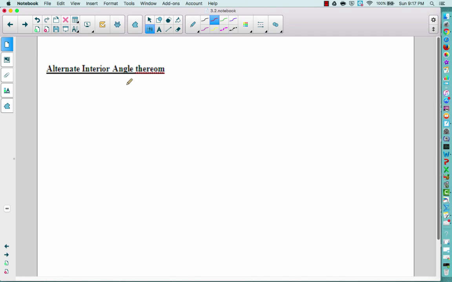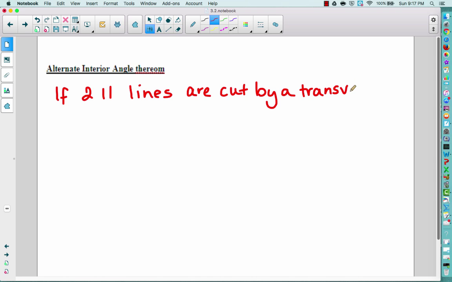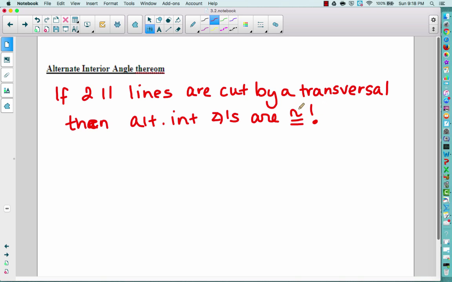And so the alternate interior angle theorem says if 2 parallel lines are cut by a transversal, then alternate interior angles are congruent. Wow, that's good. So now I've got corresponding angles are congruent. I've got alternate interior angles are congruent. I wonder what else there is out there. All right, next one.